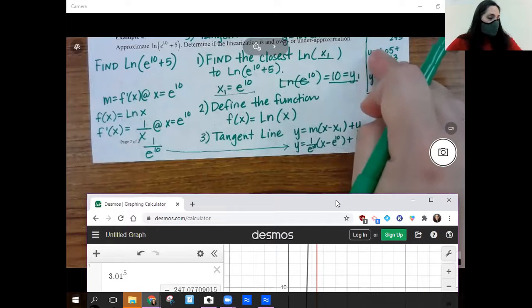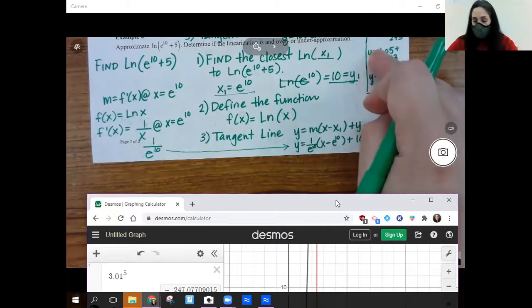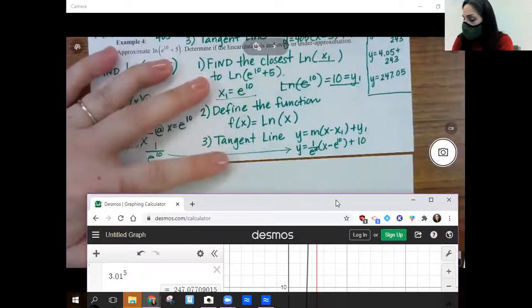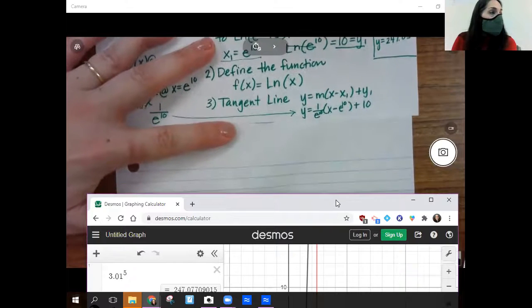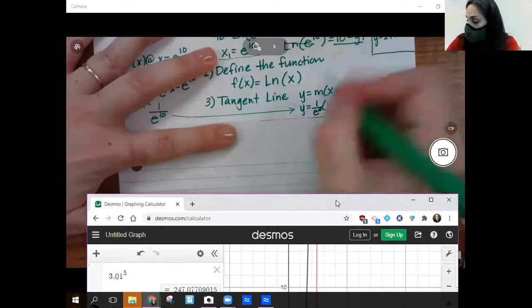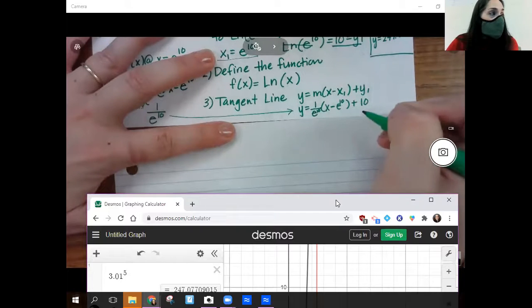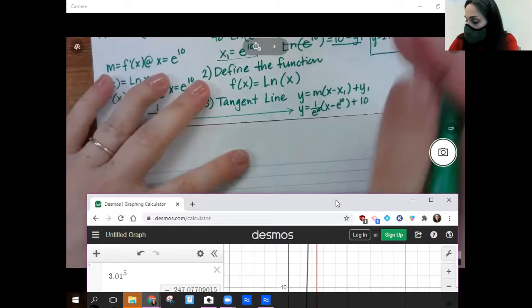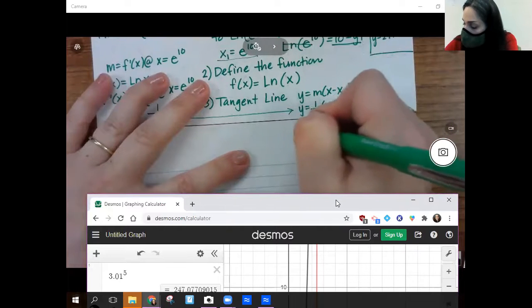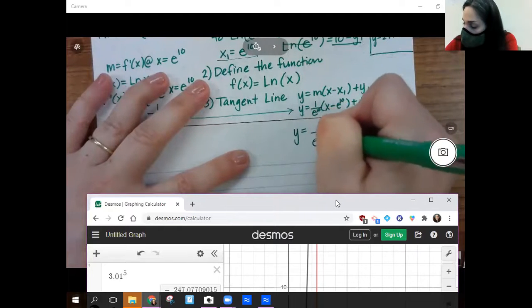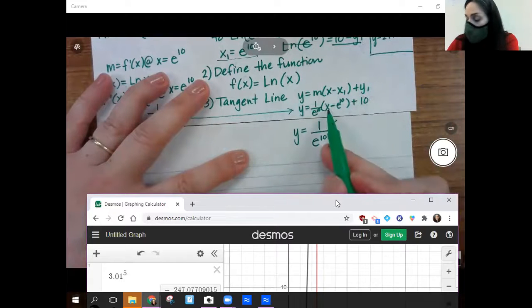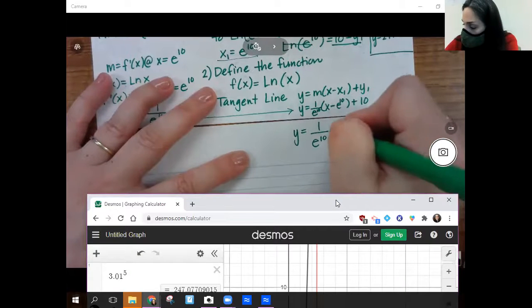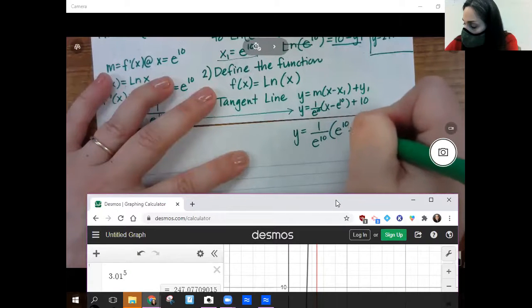All right, so I'm going to go on to an actual piece of paper because I don't think I'm going to be able to squeeze this all in. So your tangent line, remember, is now going to help you figure out what the natural log of e to the 10th plus 5 is going to be. So it'll be y equals 1 over e to the 10th. So for the x, that's where you put the e to the 10th plus 5 part. E to the 10th plus 5.